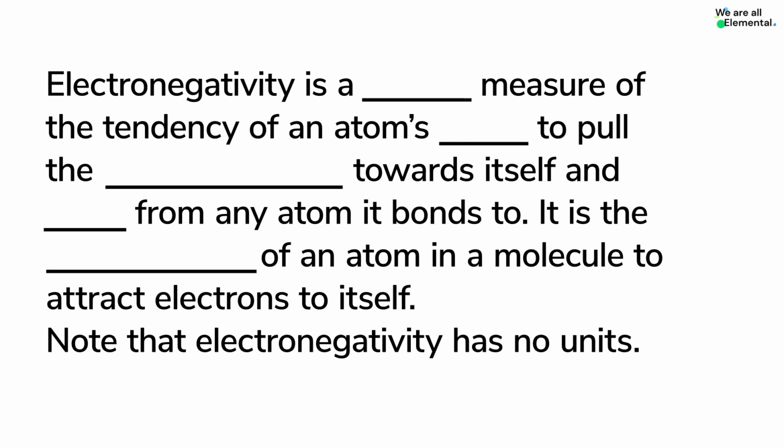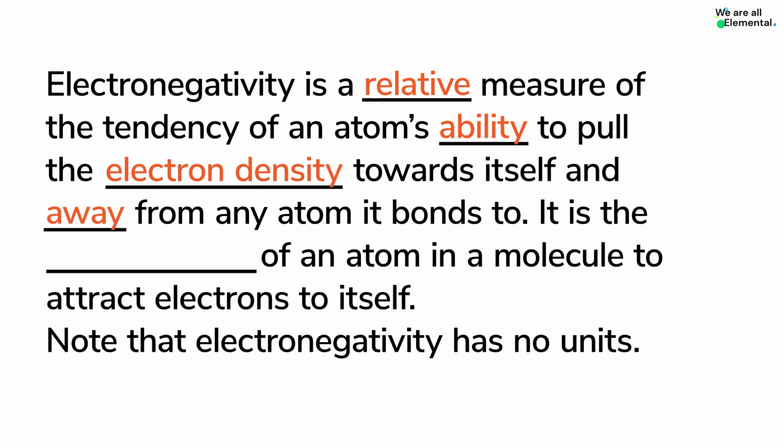So electronegativity is a relative measure of the tendency of an atom's ability to pull the electron density towards itself and away from any atom it bonds to. It is the relative power of an atom in a molecule to attract electrons towards itself. Note that electronegativity has no units.